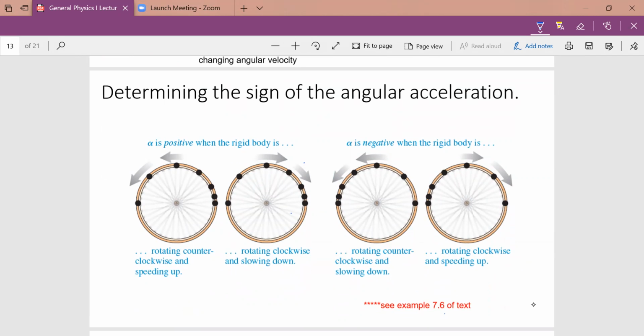determines the sign. So if we look at this, let's look at the ball now. Look at the direction of acceleration in these two cases. We can see that the direction of acceleration is moving to the left, right? Acceleration is moving to the left. So acceleration is positive.